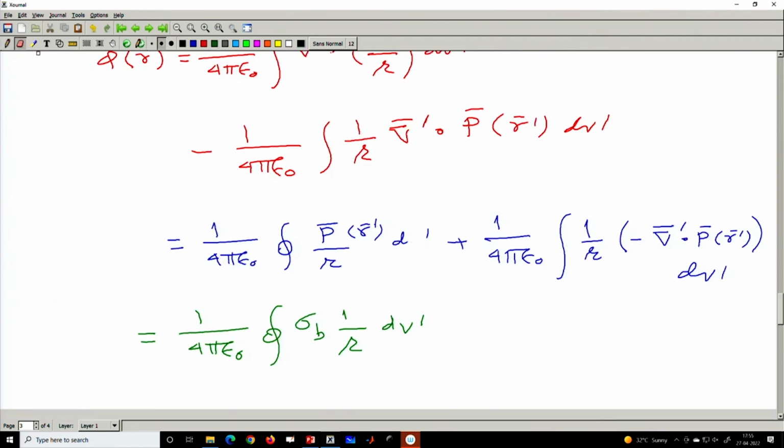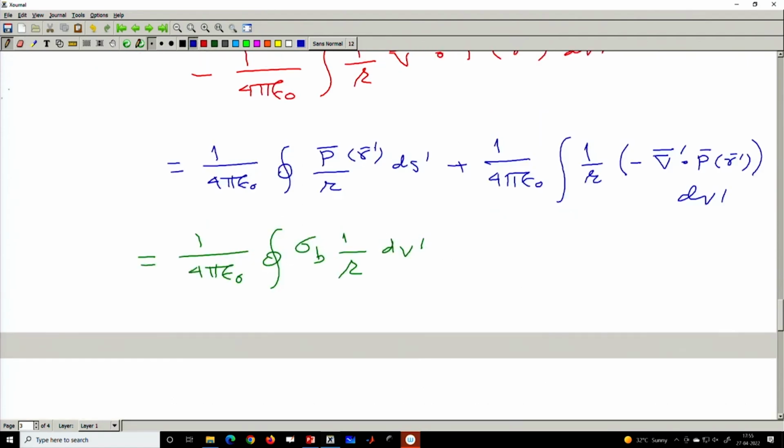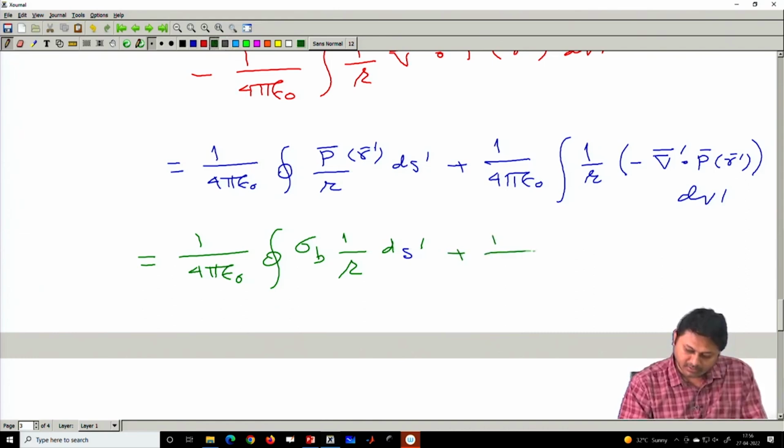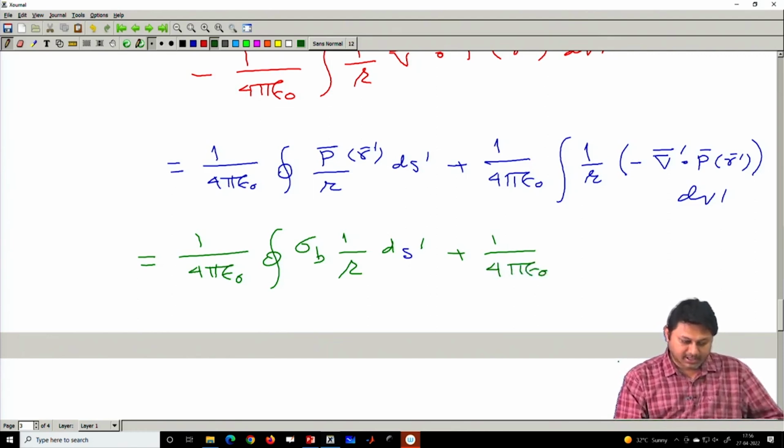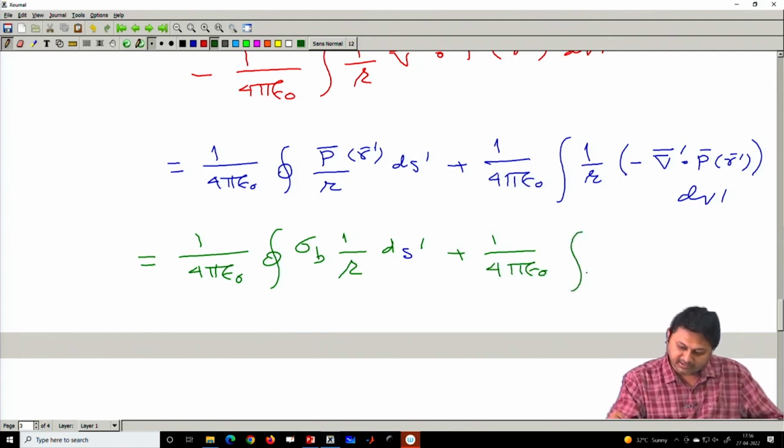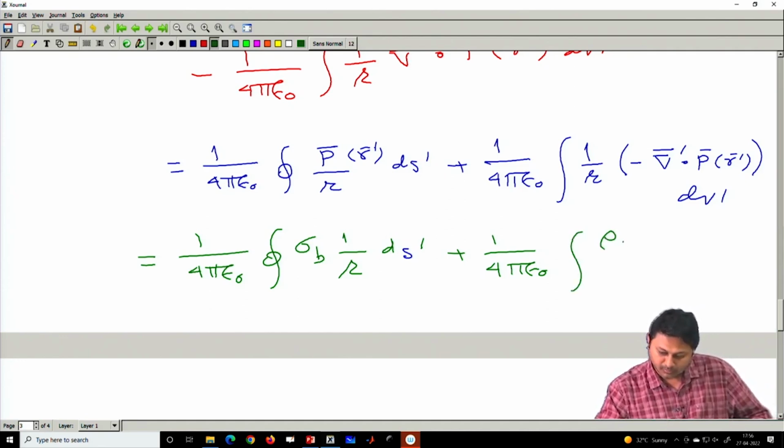So, this should not be V, it should be ds prime, and here also it should be ds prime. Plus 1 by 4 pi epsilon naught, and the next term I can write is rho b, the bound volume charge density, and then dV prime.